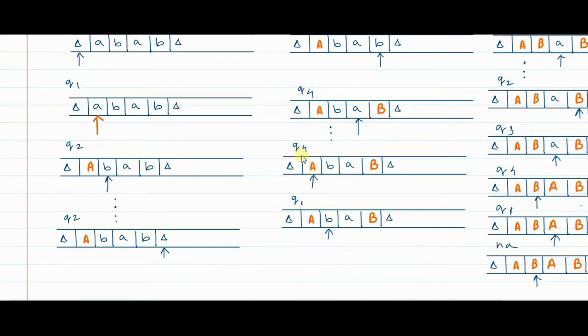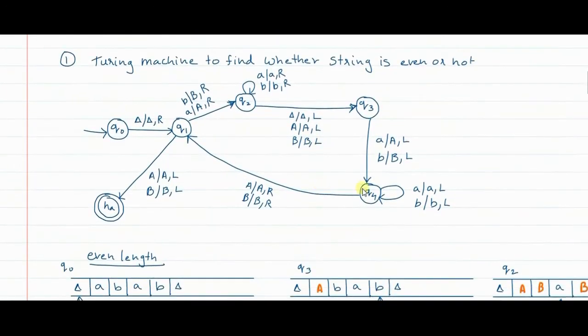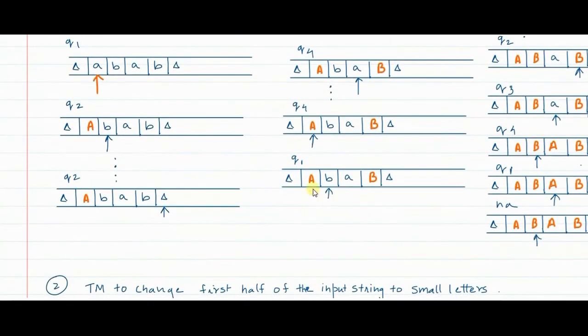Now in Q4 state, when A is read, what do you do? A is replaced with itself, pointer moves to the right, and we go back to Q1. So here in Q4 state, if A is read, A is replaced with itself, the pointer moves to the right, and from Q4 we come back to Q1.